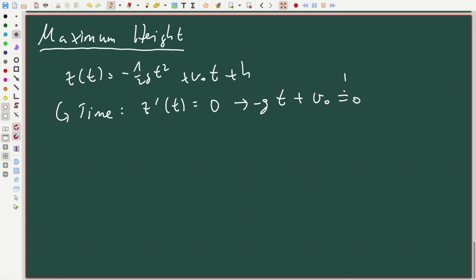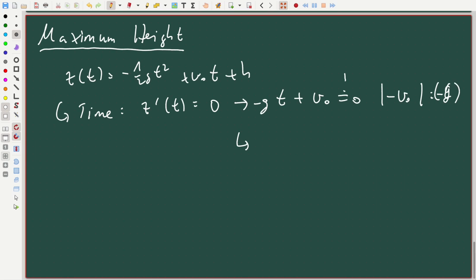This is just a simple way how we can calculate the maximum. And then in this case we can solve this for t by simply subtracting v0 and then divide by minus g.